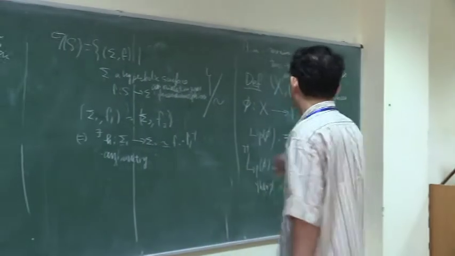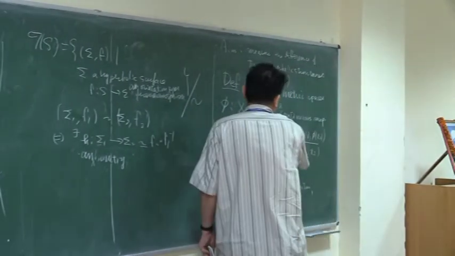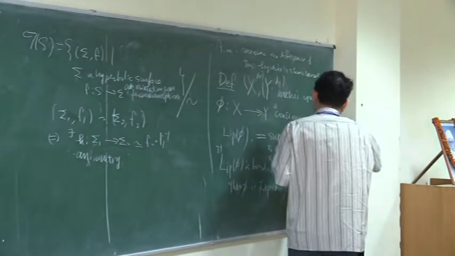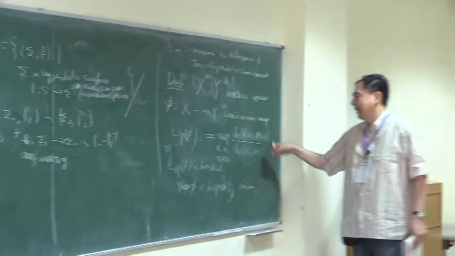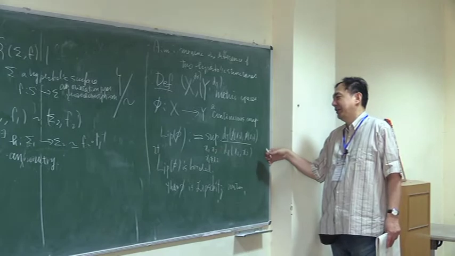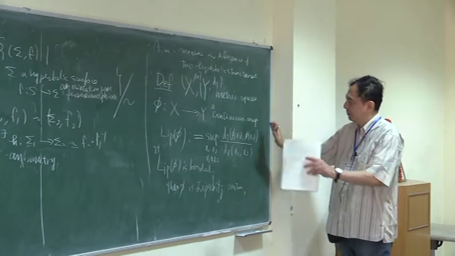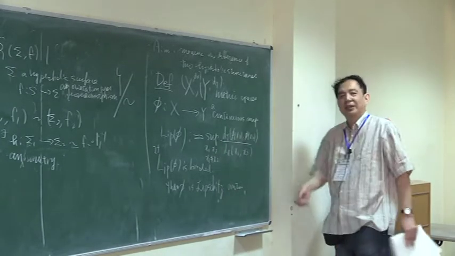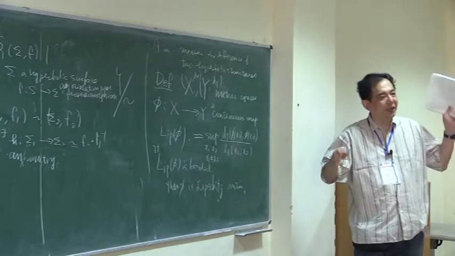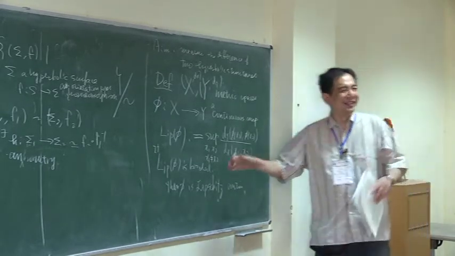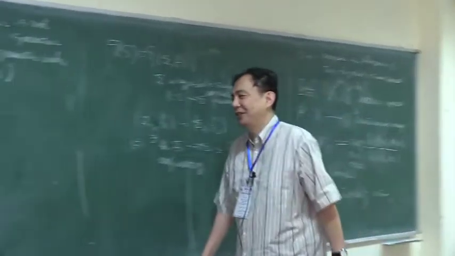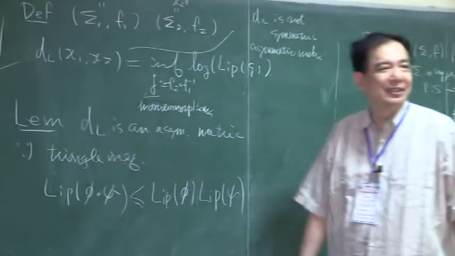This is easy. We take a supremum, so if you have two such things, the supremum of the product is bounded by the product of the supremums. So this should hold.